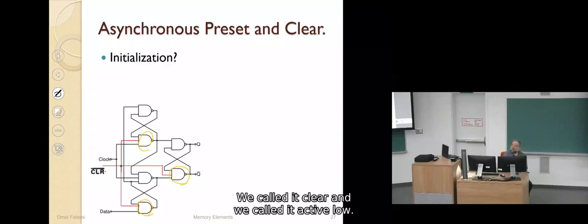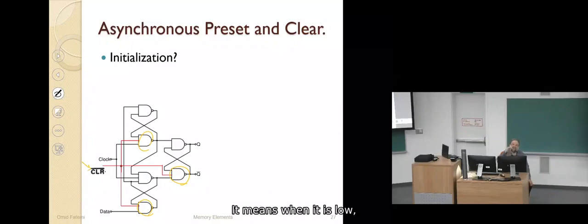Clear. We called it clear, and we called it active low. You remember when I told you when there is a bar here, it means that it is active low. It doesn't mean the complement of clear. It means that the clear signal is active low. What does it mean?